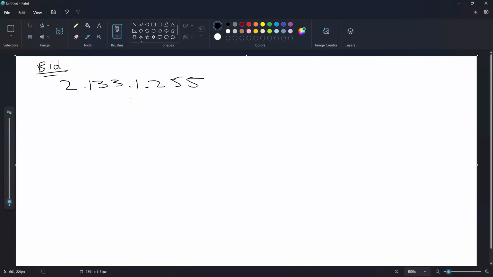So we can get the last host from the broadcast ID easily because the way this goes is: network ID is the first IP, and then the first host is just network ID plus 1.